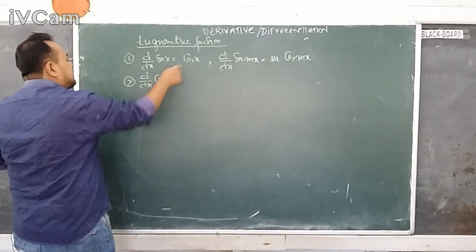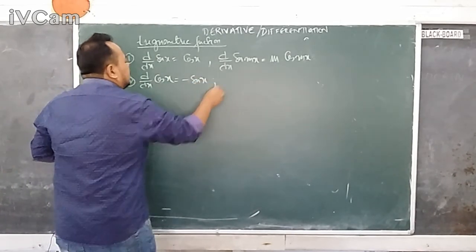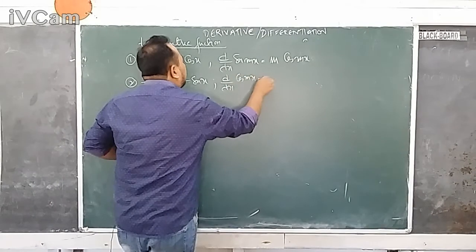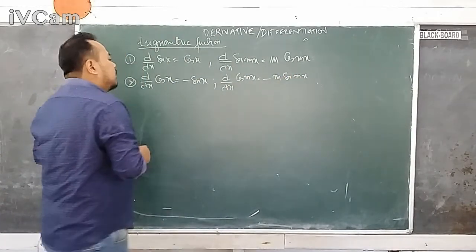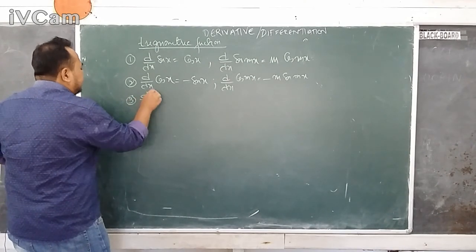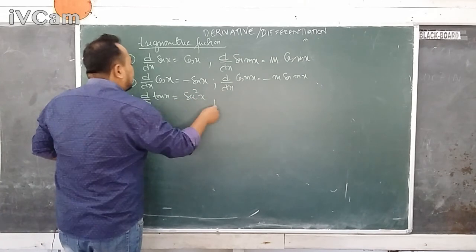If differentiation of sine is cos, then cos will be minus sine x. Similarly, d by dx of cos mx will be minus m sine mx. Formula number 3, d by dx of tan x will be equal to sec square x.